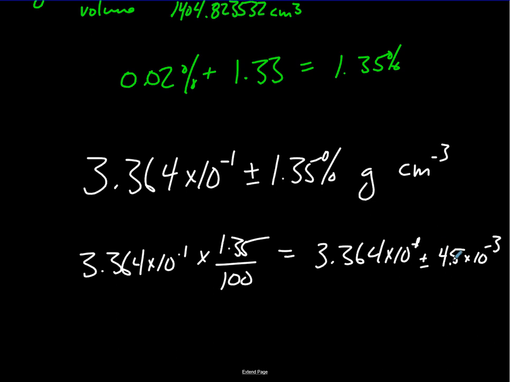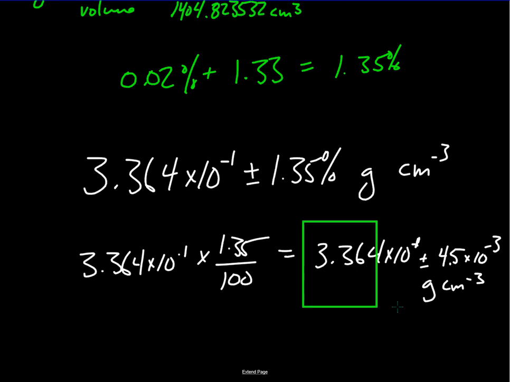And that should line up with the last two values that we have there. That's grams per cubic centimeter. Okay, done. Density with our uncertainty attached.